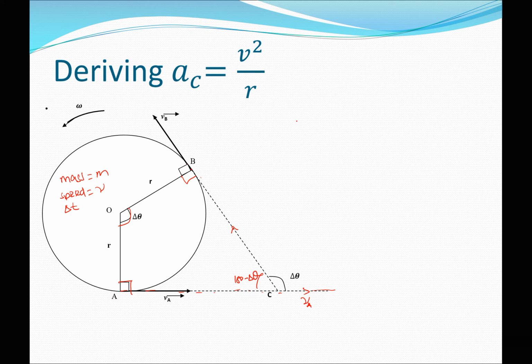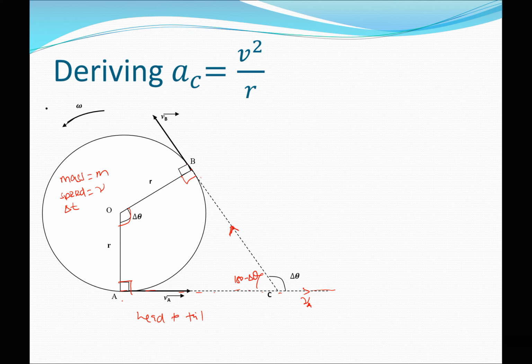Of course, to draw a vector diagram, you have to fix one vector. So I'll fix this one, and I will reverse. Remember, vectors are joined head to tail. We are trying to find the resultant velocity from A to B. So we join the vectors head to tail.